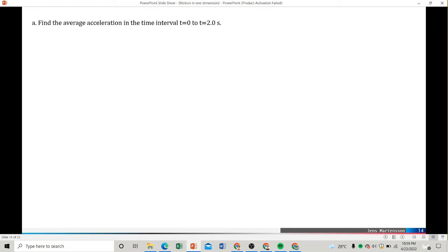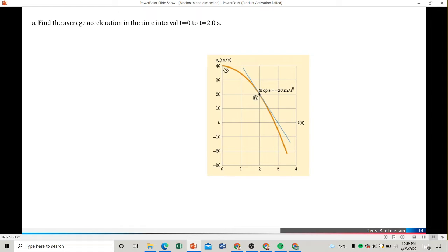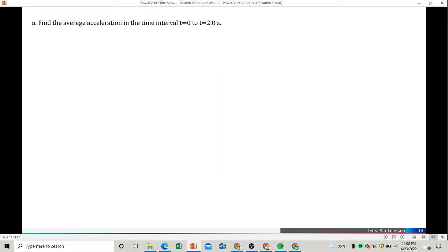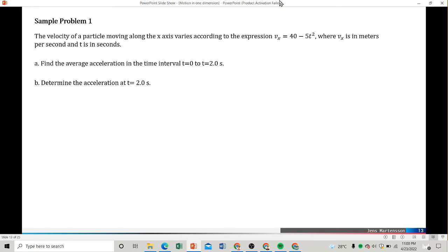So for the solution of A, find the average acceleration in the time interval t equals 0 to t equals 2 seconds. So let us first graph the behavior of the curve presented here. 40 minus 5t squared is the motion of the particle moving along the x-axis.